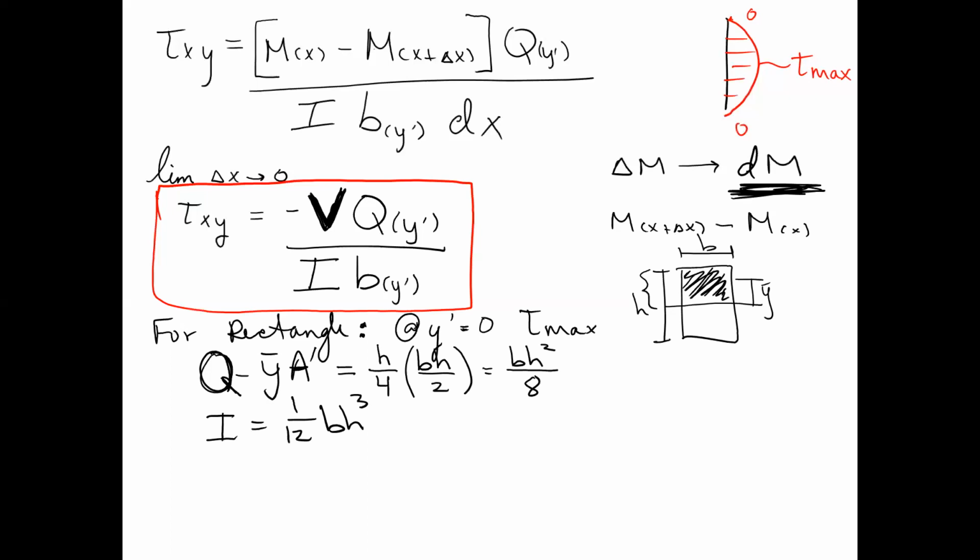So therefore, tau max is negative V times Q, so we have bh squared over 8. Now we're dividing by I, so the 1/12 throws the 12 up top. We keep our bh cubed on the bottom. Multiply by b.